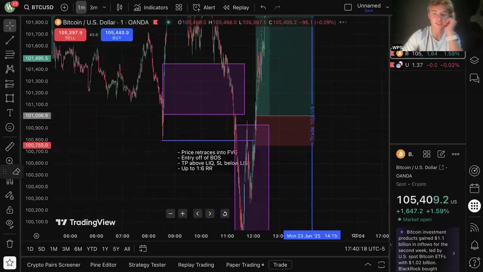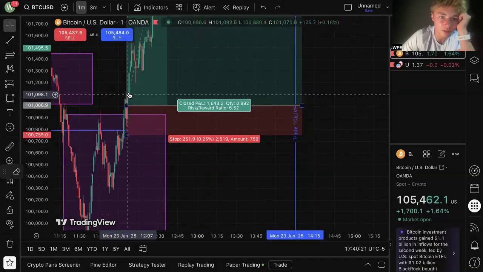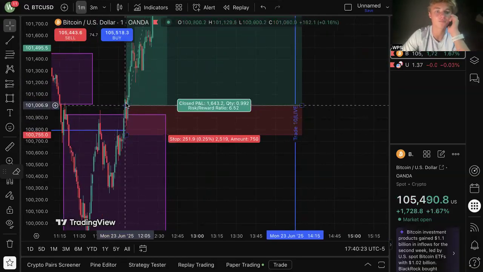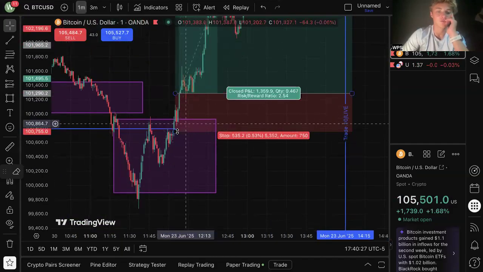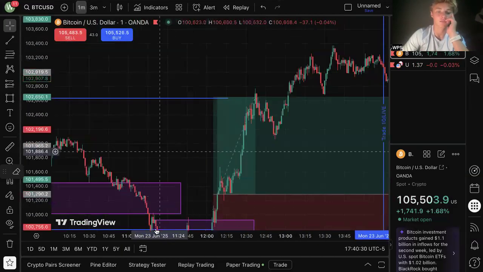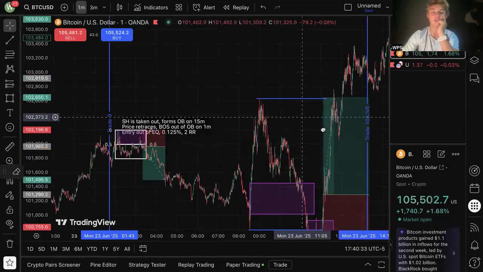And that's where I would enter when price retraces, breaks structure to the upside, so it would probably be up here. And then stop loss below this area right here, take profit up on this level, and that would have gotten hit.